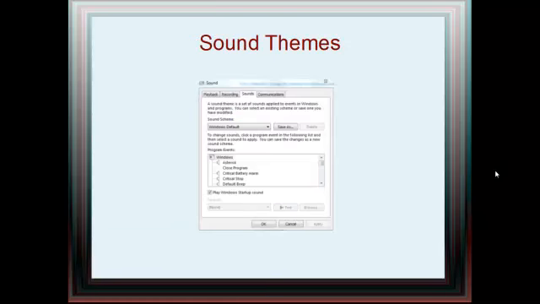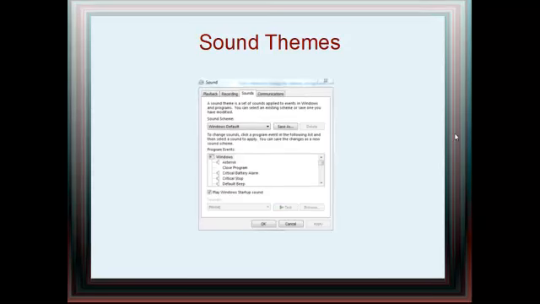And then the sound themes. If you click that link at the bottom of the page, it comes up with this window, and right now I've got it on the Windows default theme. If you click the down arrow on that, it gives you several other pre-installed themes. Most of them go with the 7 themes that are already pre-installed.